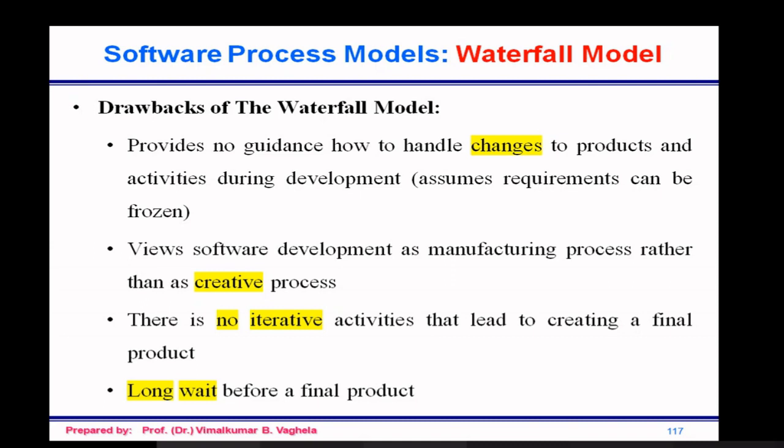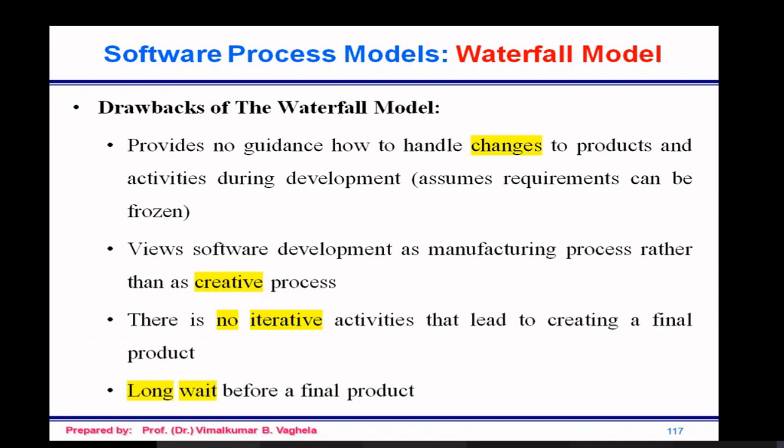Frozen means fixed. Once you move from requirements to the next phase, you have to understand that your requirements are fixed and you cannot change them. If you want to change them, then again you have to start your waterfall model from zero.